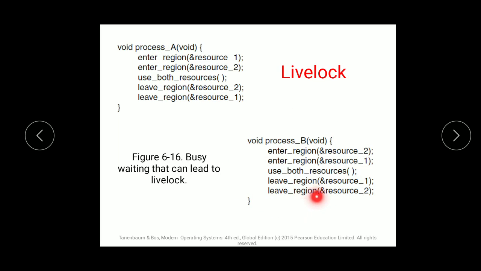Another class will also do the same. Busy waiting can lead to livelock. Busy waiting means if you keep the resources continuously waiting, it can cause a deadlock, and for such problems we can use a livelock condition.